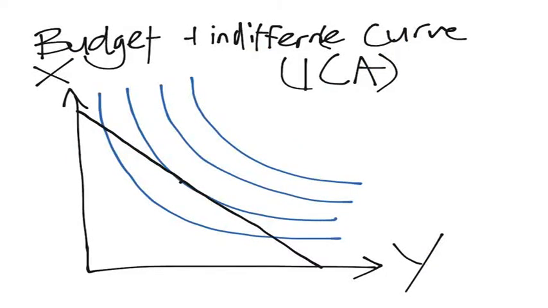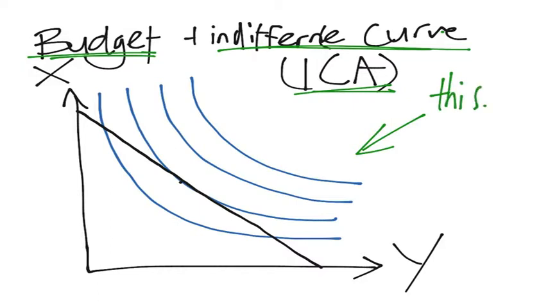So now we'll go into the indifference curve analysis. Essentially, the indifference curve analysis is just a combination of the budget line and the indifference curve. Okay? Now, if we combine the budget line and the indifference curve, we'll get a graph something like this.